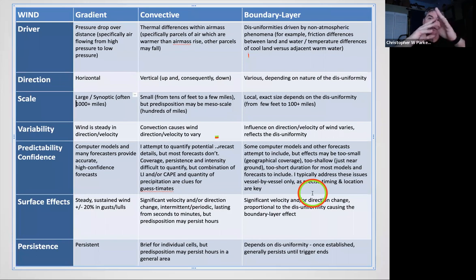And that rising air carries a lot of moisture up in the atmosphere. As it moves up, it cools because the gas cools as it expands. And at some point we have condensation, making clouds, releasing heat into the atmosphere, and that can create towering thunderstorms. And then it all comes crashing down and is really messy at the surface. So that tends to occur in the afternoons and maybe into the early evenings over land.